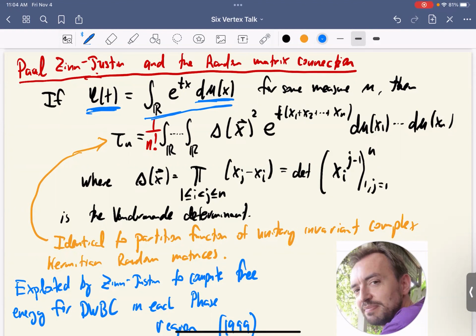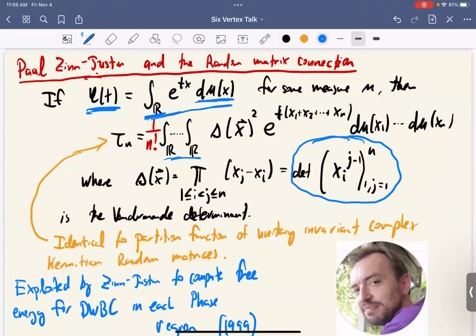And I can do a little bit of linear algebra and pull all the integrals out of the determinant and end up with a big multi-integral of a pretty simple determinant.